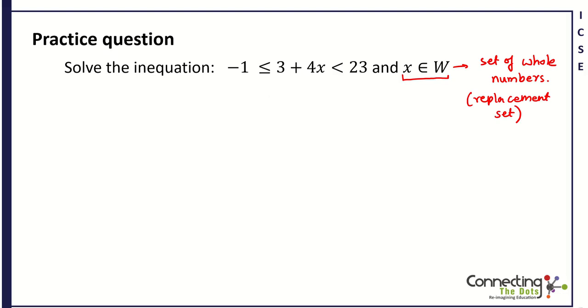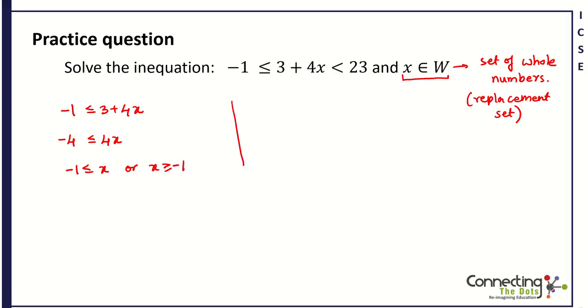Let's take the first condition. Negative 1 is less than or equal to 3 plus 4x. You subtract 3 from both sides, you get negative 4 less than or equal to 4x. You divide both sides by positive 4, you get x greater than or equal to negative 1.